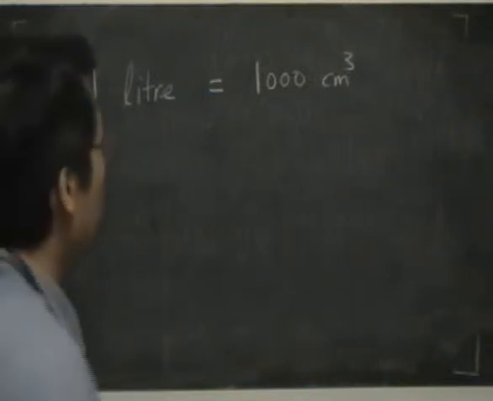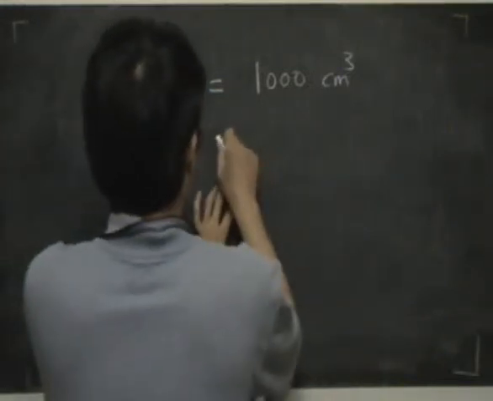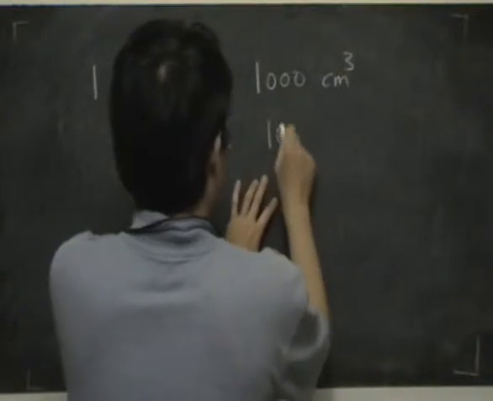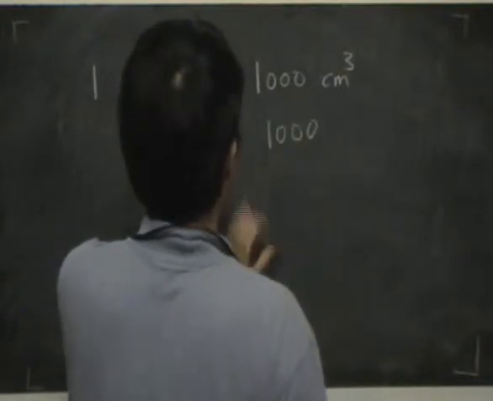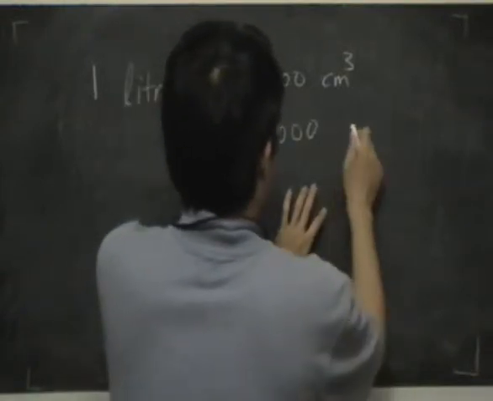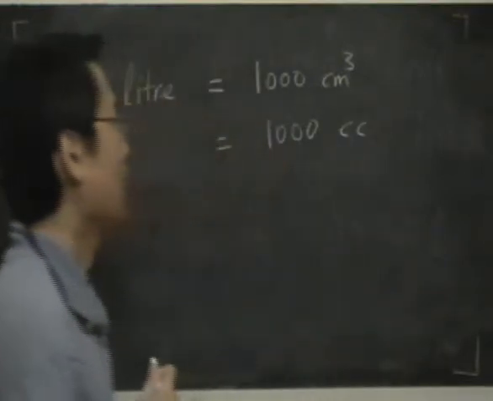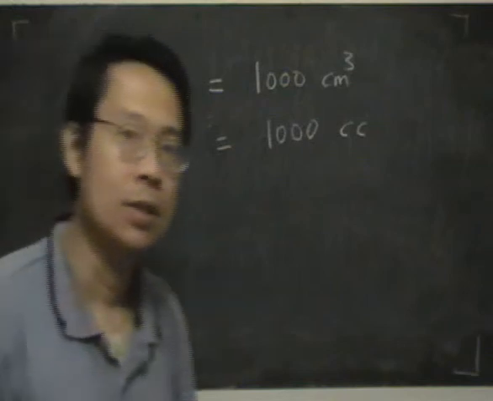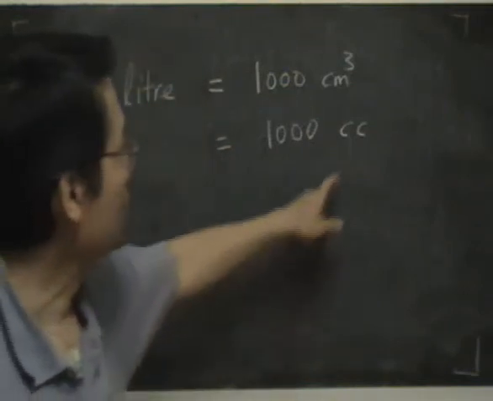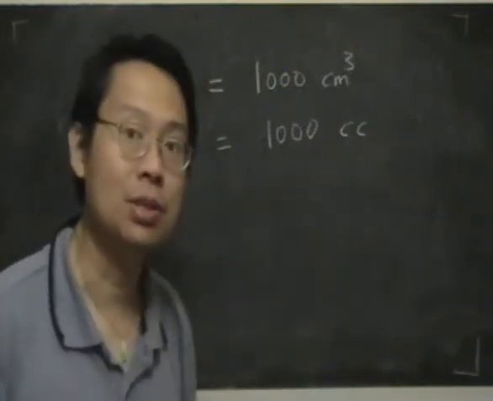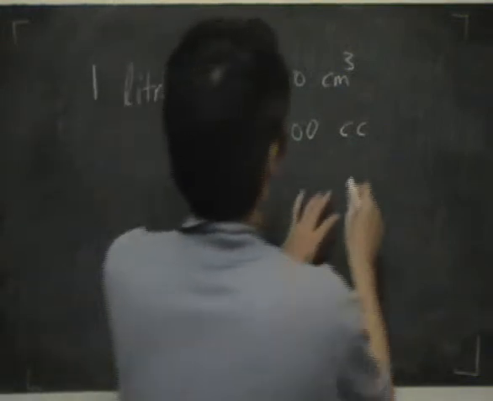Now, you may sometimes also see a unit that's written as cc. Cc means cubic centimeters, right? Let me write that down.